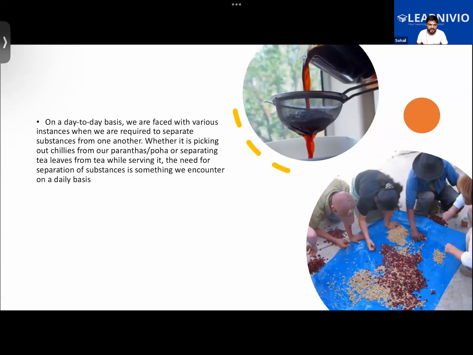Basically you have covered all the principles for it. If they are different in size, color, or shape, then on that basis you can separate those substances.